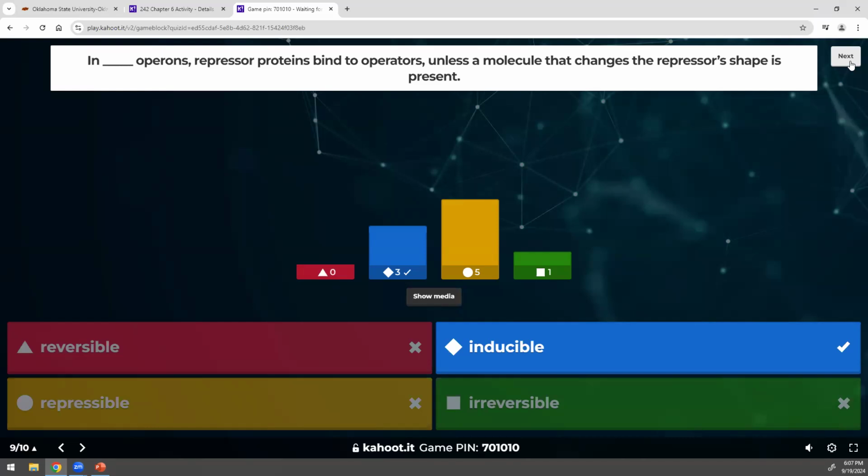So if you're on, you will get turned off, obviously, when the repressor binds, right? So we'll just simplify this. This is when the repressor is activated.